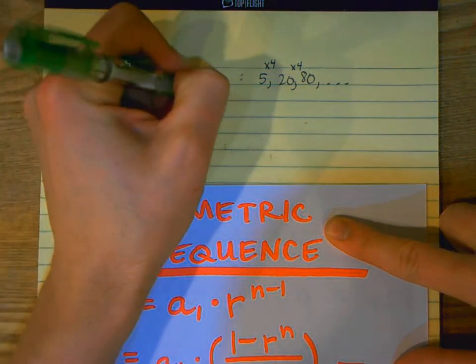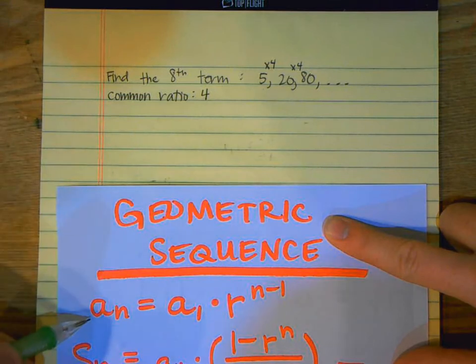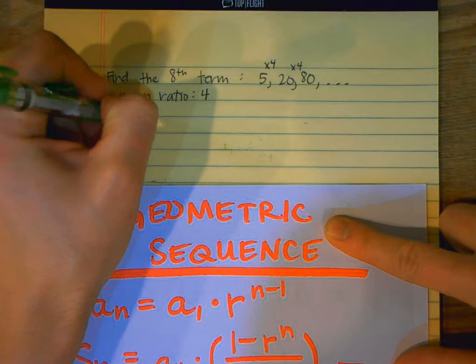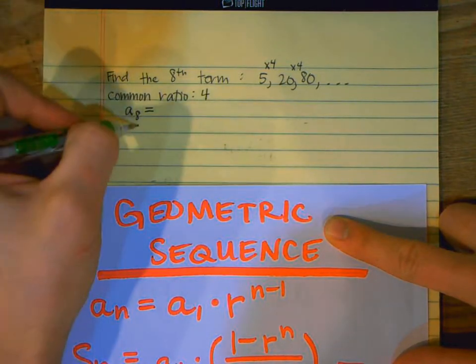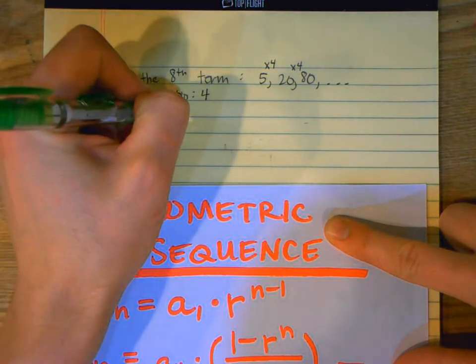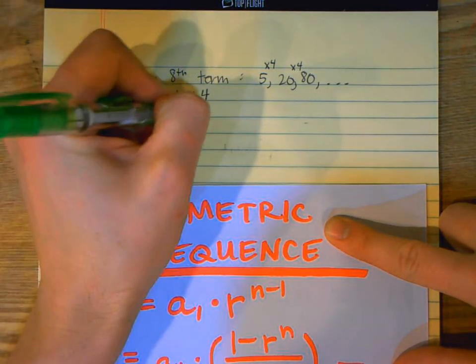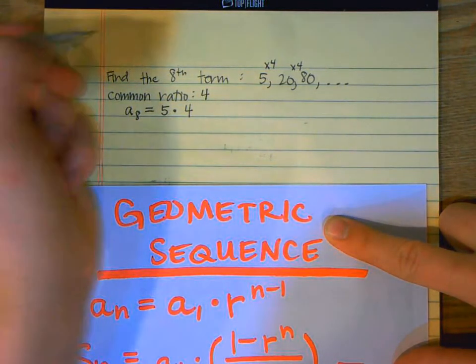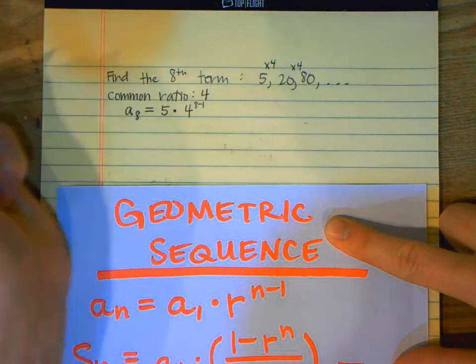So I know the common ratio is 4, and now I'm just going to use my formula. So I want to know a sub 8, which means I take a sub 1. In this case, the first term was 5. And I'm going to multiply times the common ratio, which is 4, to the power of, this is an exponent, 8 minus 1.